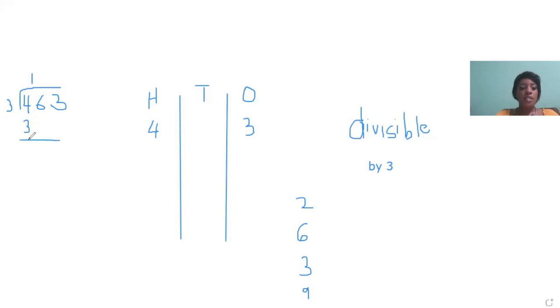I'll subtract, and I'll bring down my other numbers. 3 into 16 goes 5. 5 threes are 15. Subtract, I'll get 1, and then I'll bring down this 3. 3 into 13, 4. 4 threes are 12.